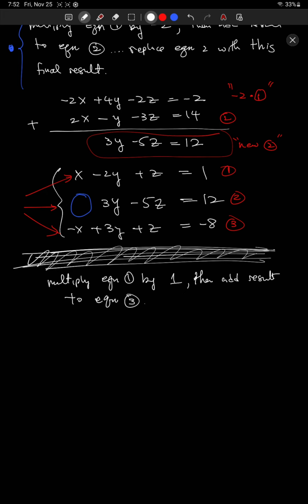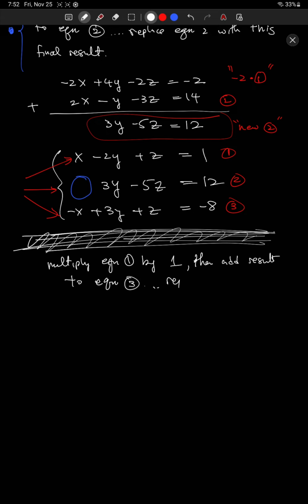Oh, sorry. And then I'm going to replace equation 3 by the final result. Okay, so that's my step 2.